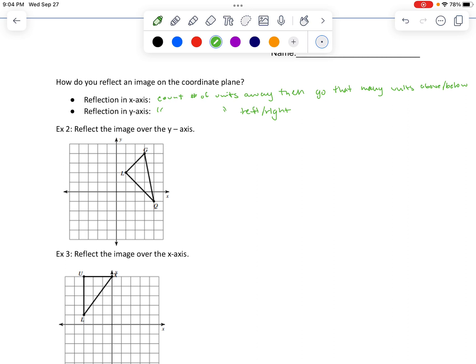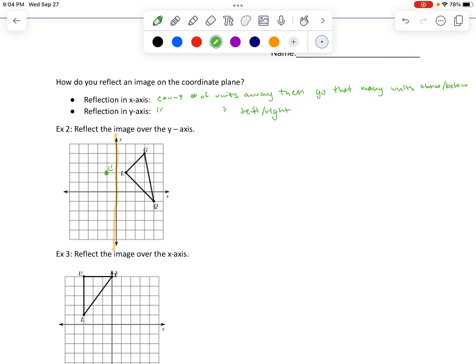So one of the things that I always do is I always highlight what is my reflection line. Where is it? And the reason why is because I'm counting to that line. So if I'm doing the y-axis, I highlight it, and now I can count. So I can see here that L is 1 on the right of that orange line, so I need to go 1 on the left of that orange line.